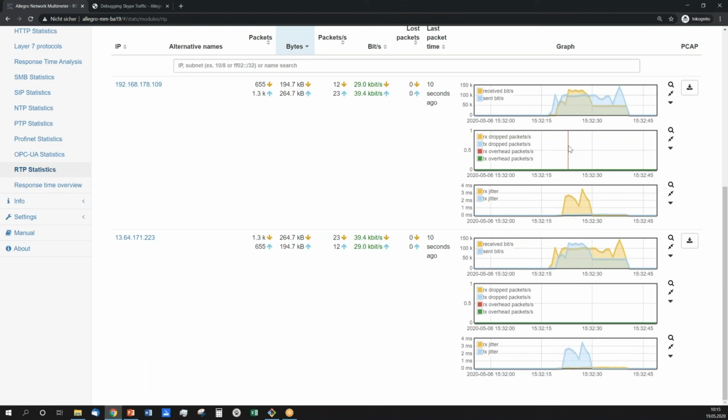If the jitter is too high, it means that the arrival time of the packets is not constant. Most codecs use constant sending rates, and a high jitter means that somewhere in between there are buffers which are full or empty, or for example, if a Wi-Fi is in between, the Wi-Fi could be overloaded by bursts.